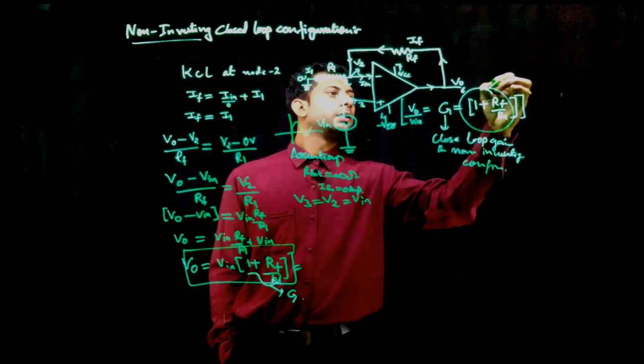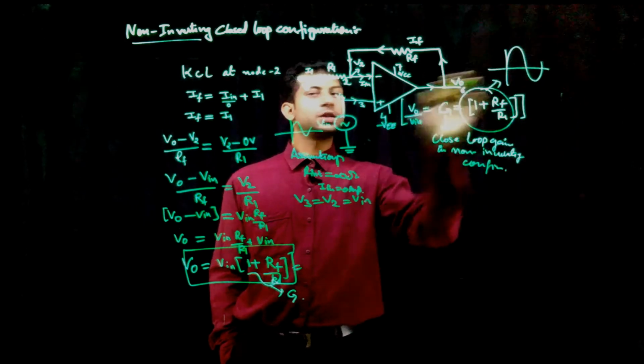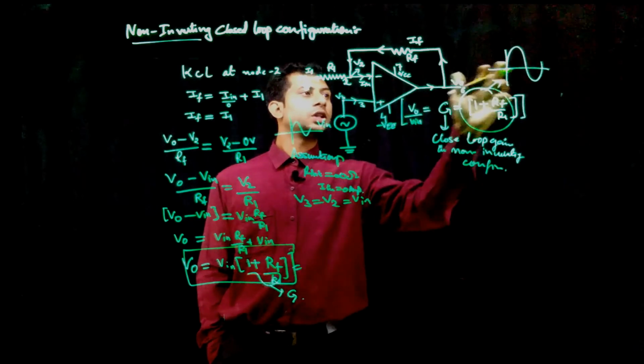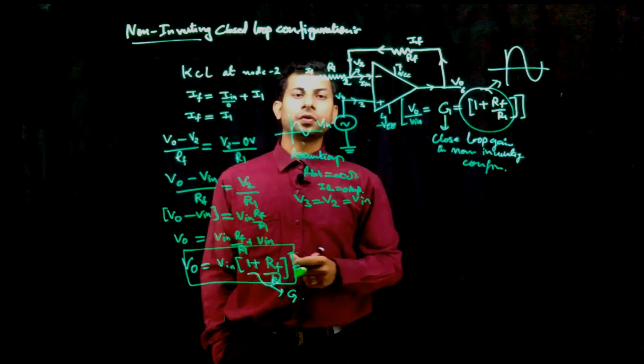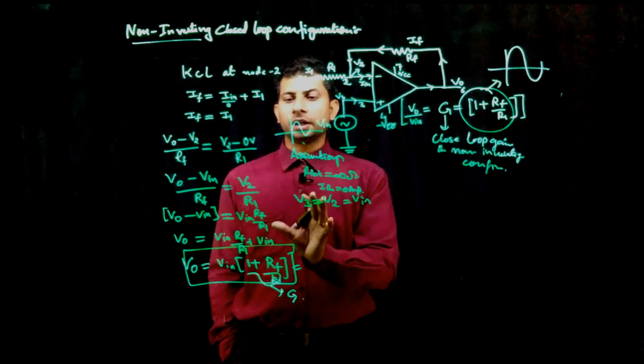Okay, and that will be amplified, and there is no phase shift with respect to input and output waveform because there is no negative sign in there. Hope you understand this concept.